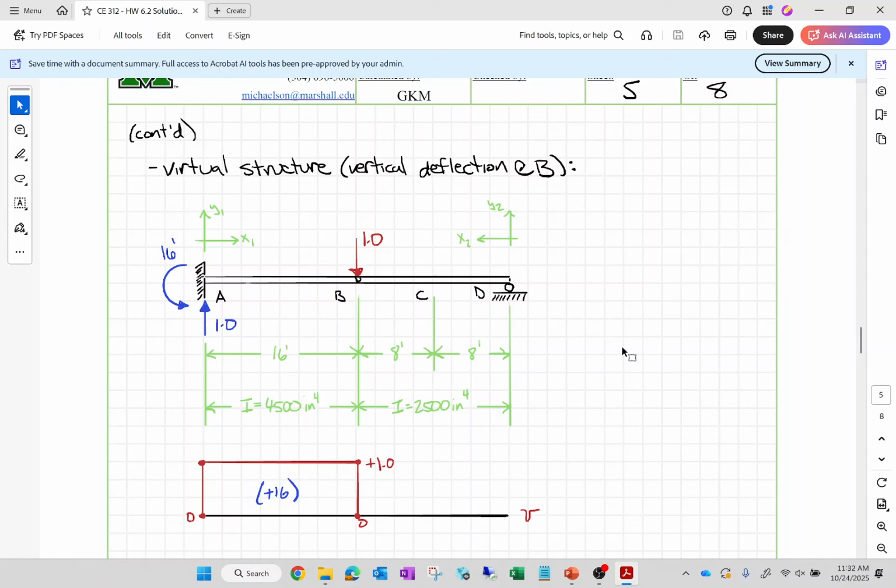You think about it like this. Let's look at V. If I put the 1 there, V is 1. If I don't put the load there, V is 0. So the question is, which shear value is true at the hinge, 1 or 0?